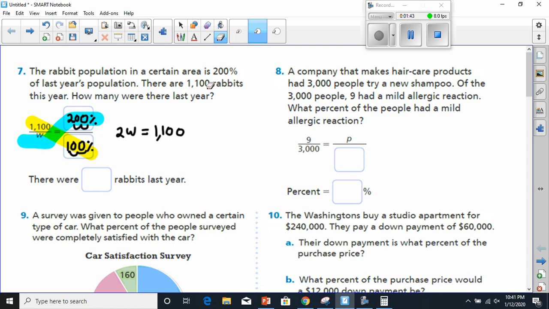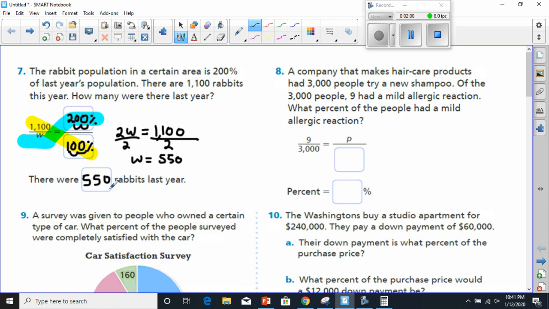There's no use in even having it there. But now I know I have to get 2 away from W, so I will divide 2 away. Whatever I divide from one side, I divide from the other. That means W is going to be 5,500. Or excuse me, 550. What was I thinking? 550. So that means there were 550 rabbits last year.